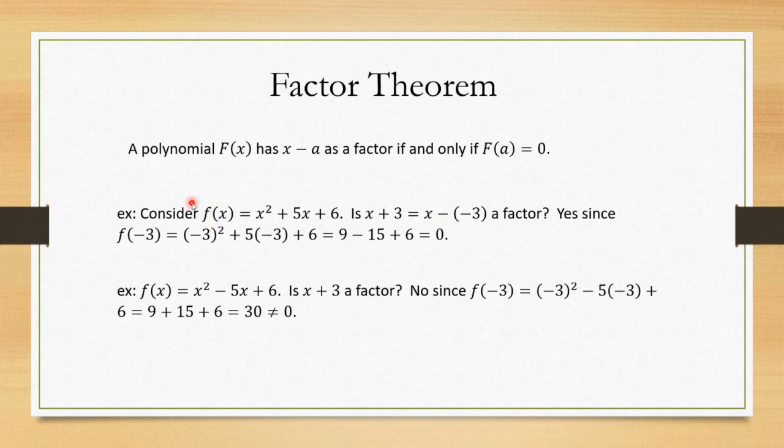So in other words, this f of x here, you can write it as x plus 3 times something else. To get that something else, you actually have to factor. Here, we did the same thing, but I changed the polynomial a bit. Instead of x squared plus, I did x squared minus, as you can see. But you can see here, though, that it's not a factor of this. Because if I replace x by negative 3, I'm not going to get 0.